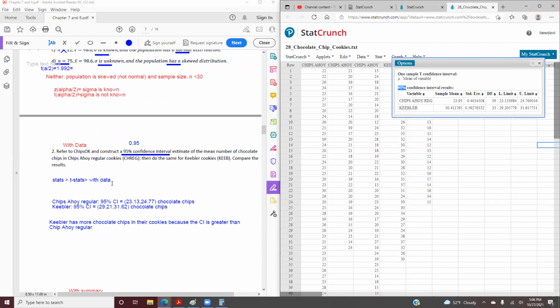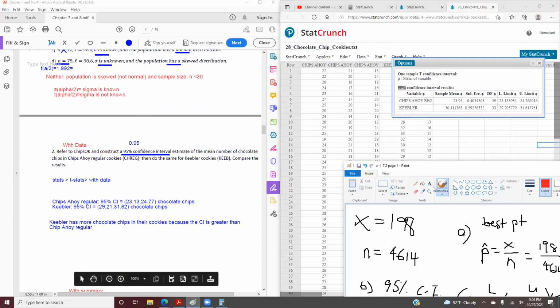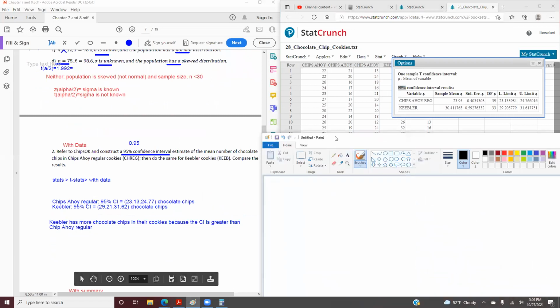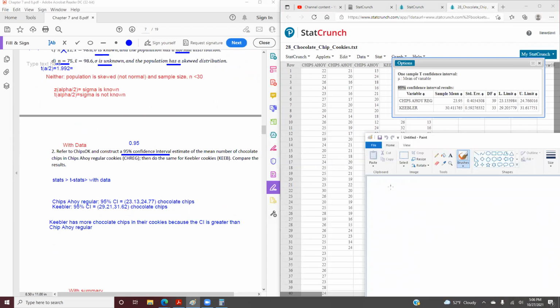So my question is, what happens if the intervals are overlapping? The example I give you here is the Chips Ahoy one, the confidence interval is 23.13 and 24.77.